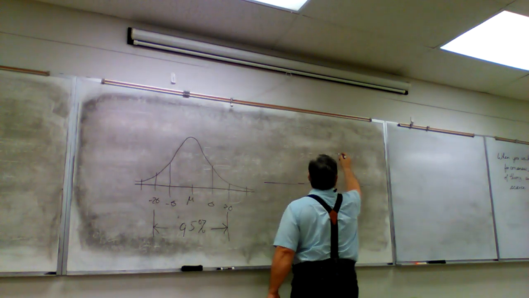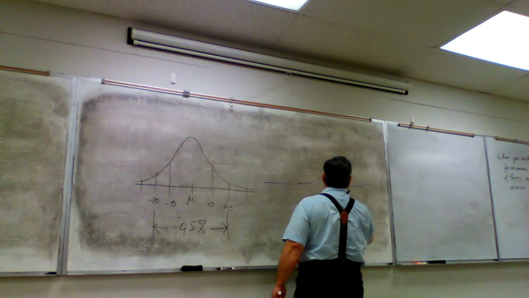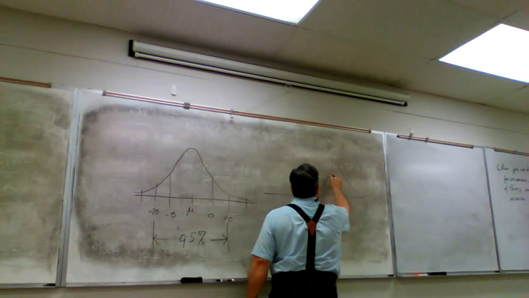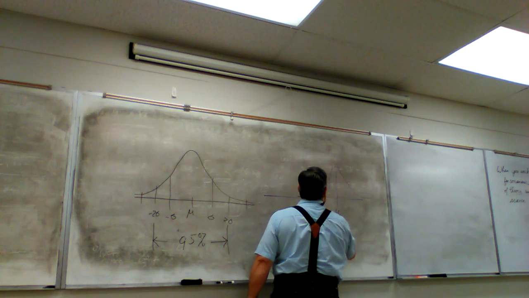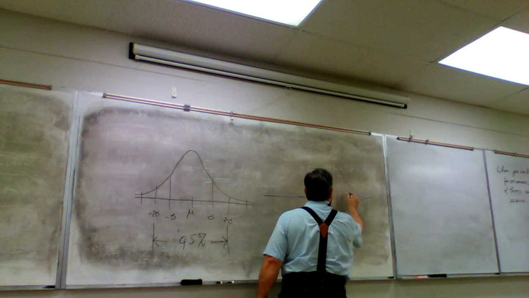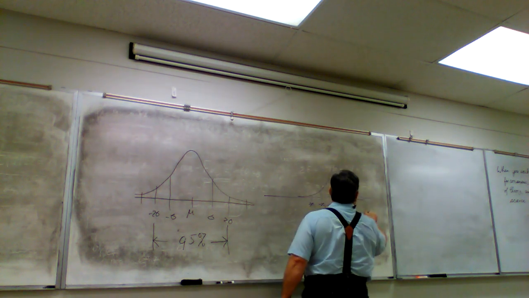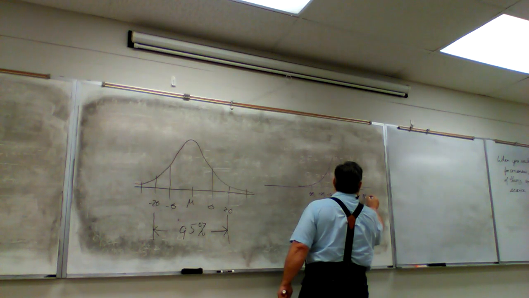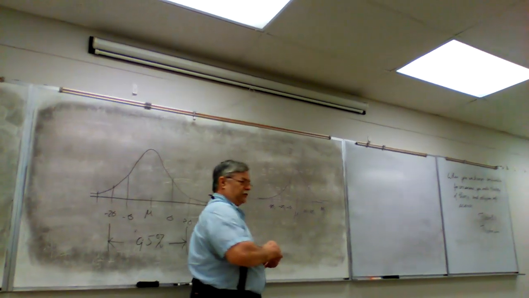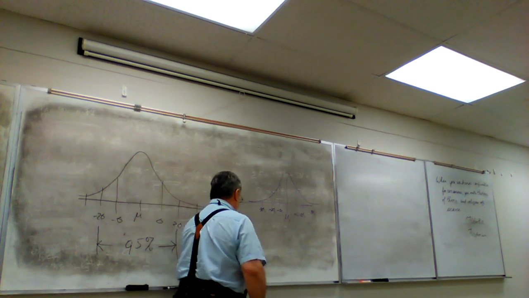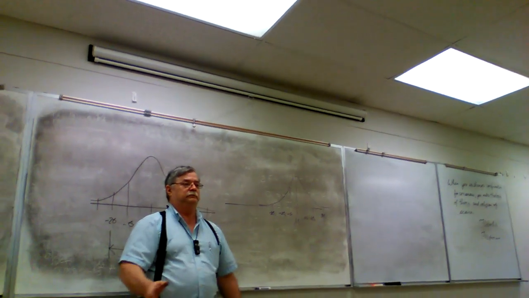One looks like that, has a mean of mu sub 1, and standard deviation like so. Okay, that's one distribution for one set of data.